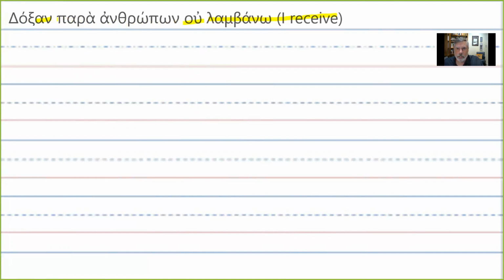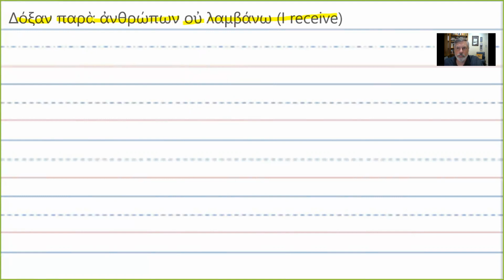Para anthropon is our prepositional phrase, with para being the preposition, anthropon being the object it's governing. So there's no stated subject, so the I that's embedded in the verb is what we'll use. So I receive, or I did not receive. Doxan is in the accusative, so I did not receive what? I did not receive glory.